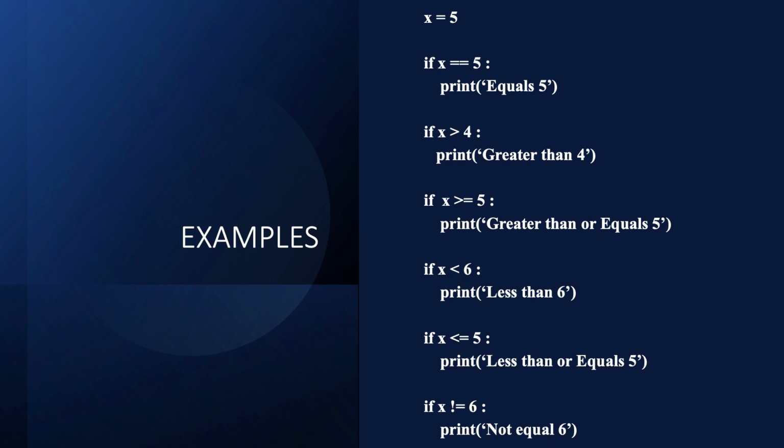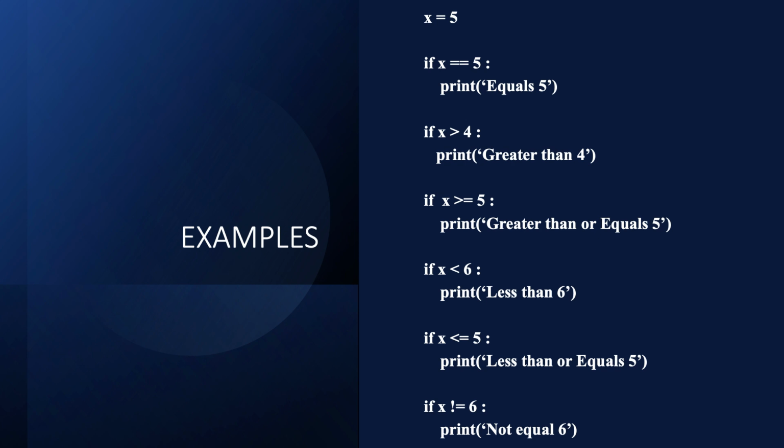Following this, we have a condition that combines two comparisons using the OR operator. It checks if x is either greater than or equal to 5. Since x is equal to 5, we execute the indented code and the output will be the string greater than or equals 5. We then check if x is less than 6, which is true, so it prints less than 6.